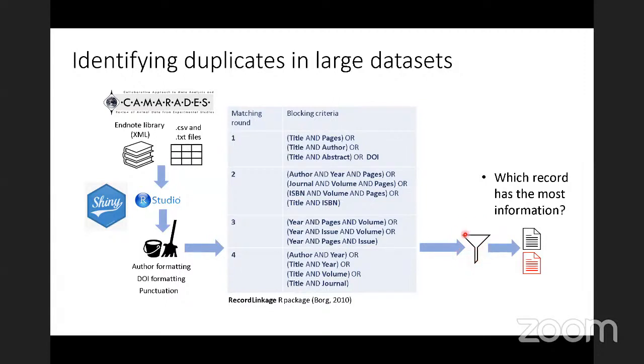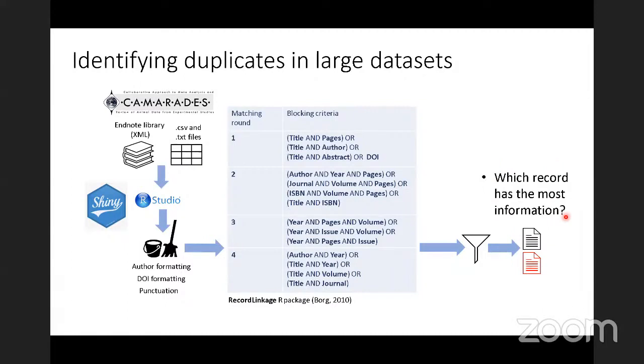And when I got to a situation where I was happy with these filters, and I was sure that the linked records being passed through were definitely duplicates, I choose a record within those pairs to remove. And I keep the record with the most information. Another aspect of this is, because our lab is moving towards living systematic reviews, we need a way to be able to tweak how the algorithm will decide which record to remove.